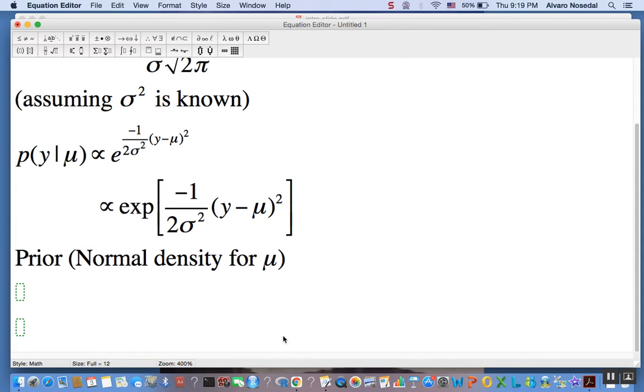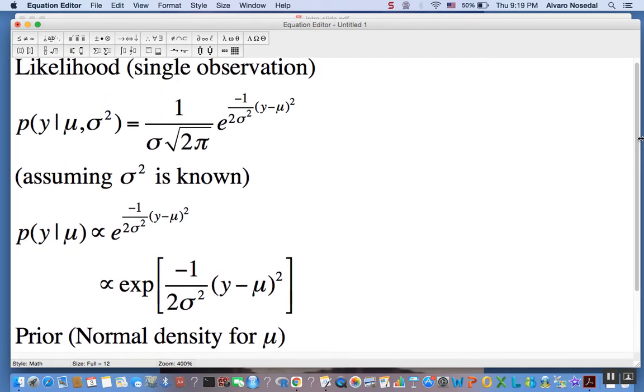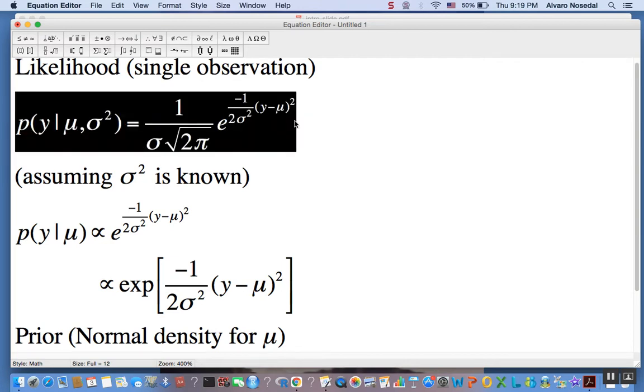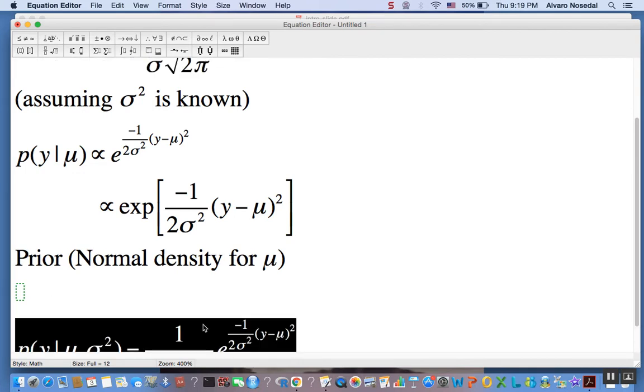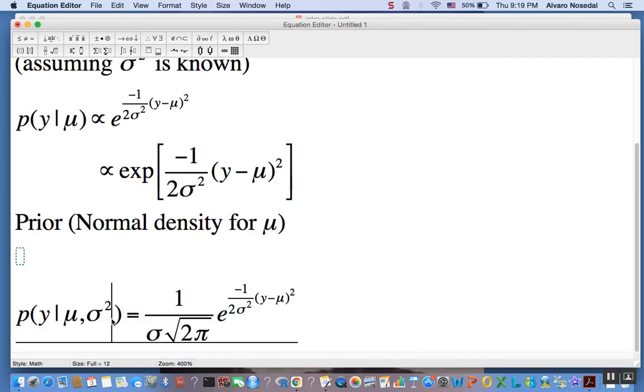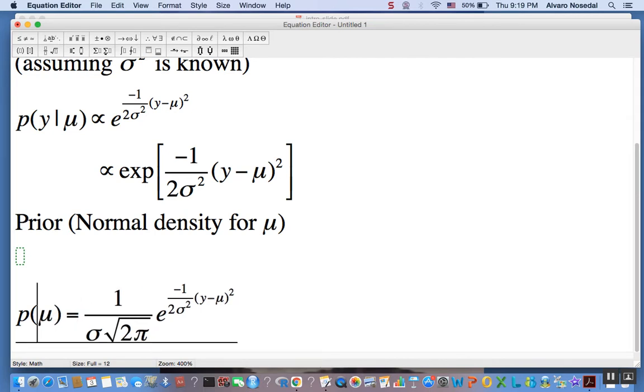Okay, so since we are considering a normal, let me borrow the expression of the likelihood, and then we're going to change it accordingly. The notation that we use for the prior is just p of mu.